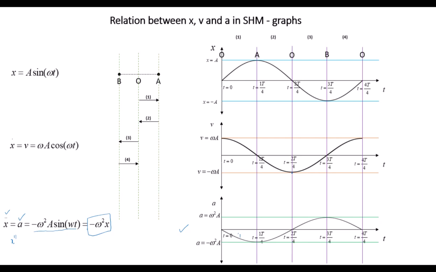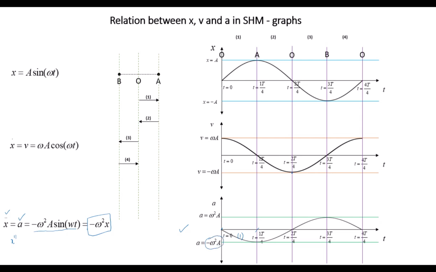In step number 1, when the object is at position O, at time t equals 0, the acceleration is 0. And that is the minimum value of the acceleration. And as the particle moves towards the point A, the acceleration goes on increasing, but in the negative direction. And at point A, that means at time t equals T over 4, the acceleration is maximum in the negative direction, given by minus omega square a.